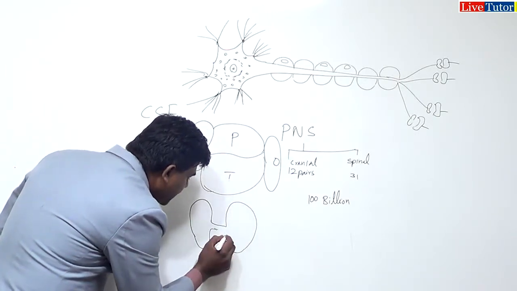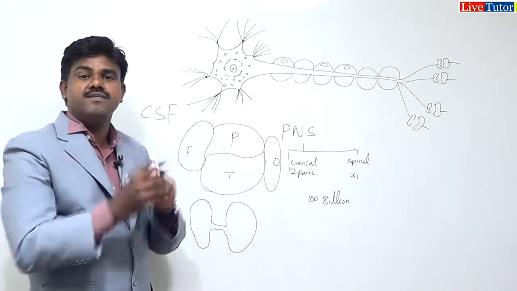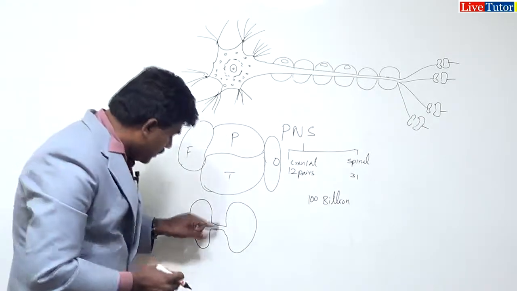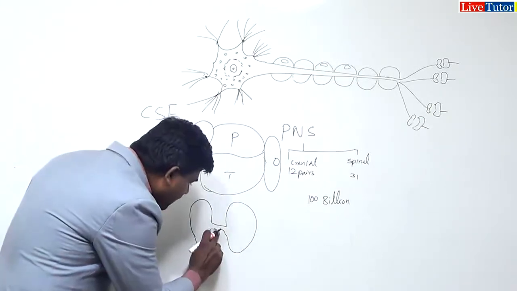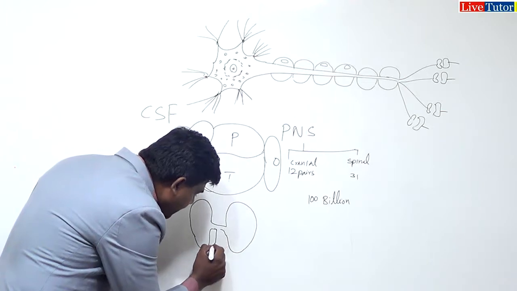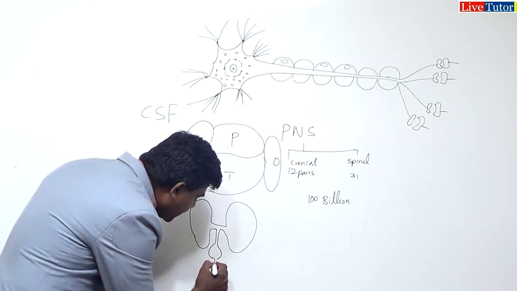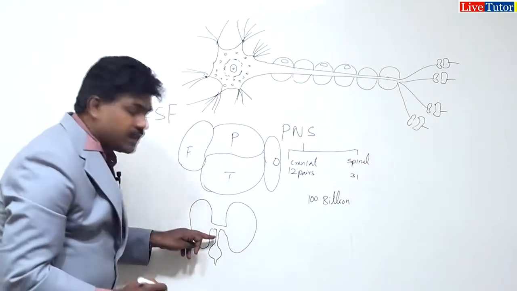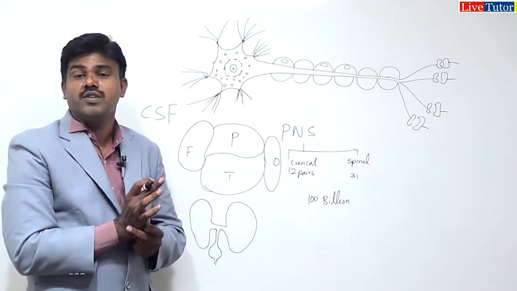These two ventricles are connected by a passage called the foramen of Monro. The first and second ventricles, the lateral ventricles, are connected to the third ventricle by the foramen of Monro.